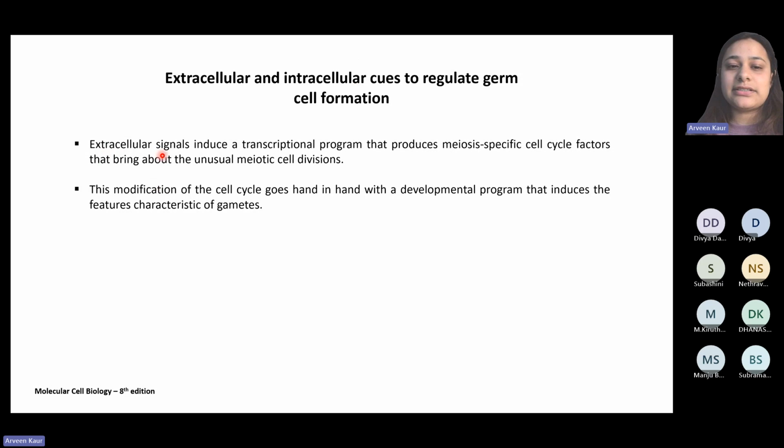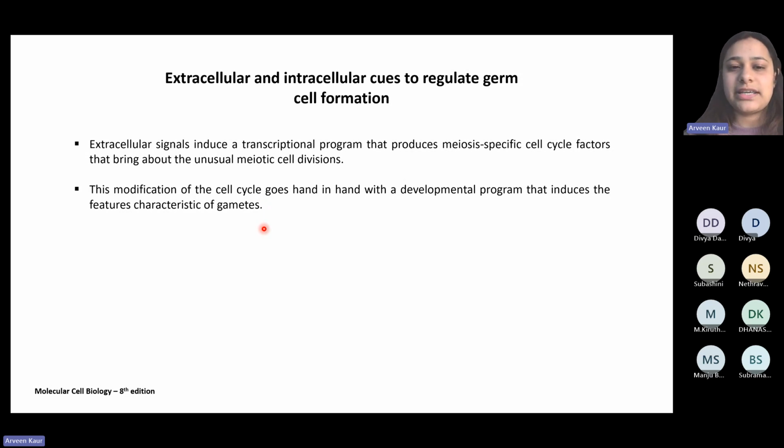Extracellular signals induce a transcriptional program that produces meiosis-specific cell cycle factors that bring about the unusual meiotic cell divisions. This modification of the cell goes hand in hand with a developmental program that induces the features characteristic of the gametes. I hope these statements are self explanatory, right?